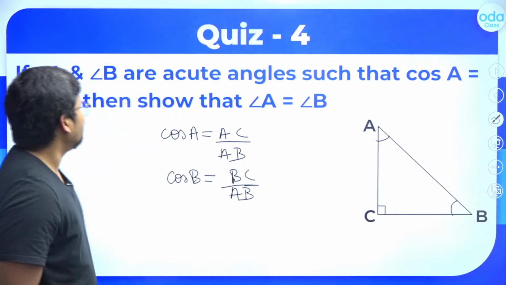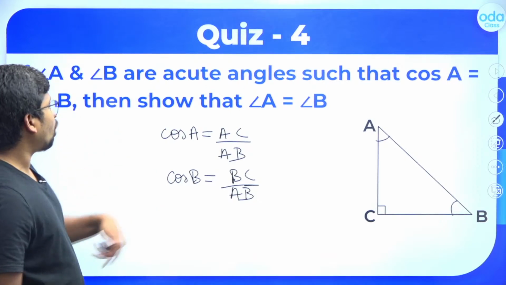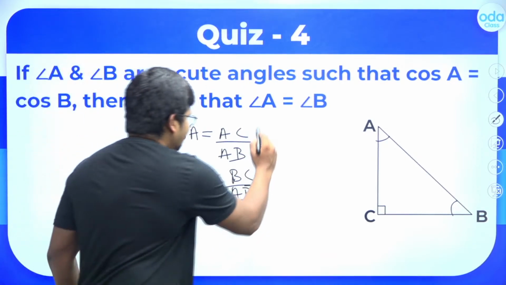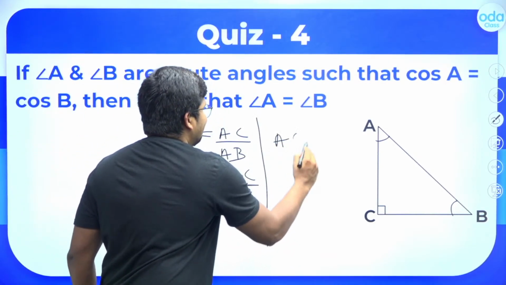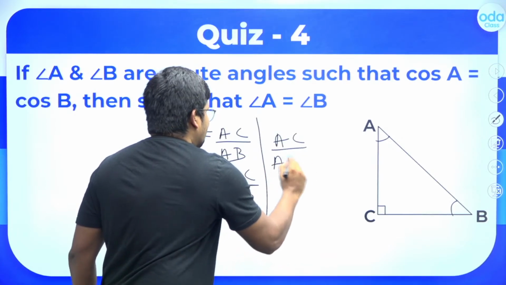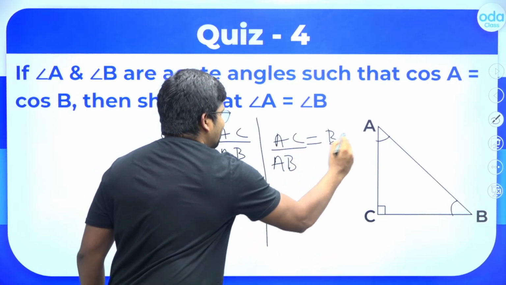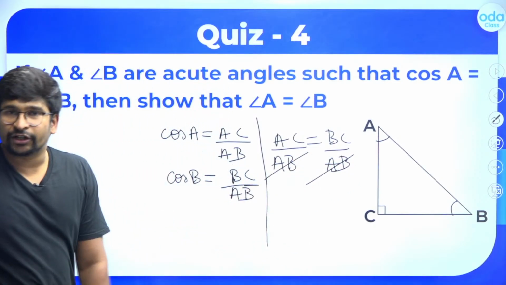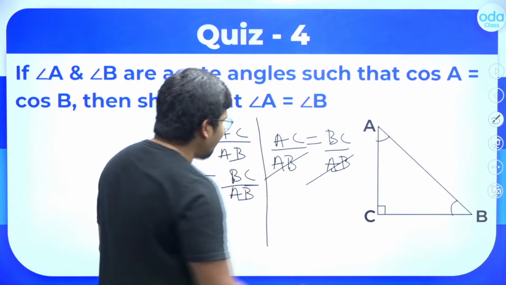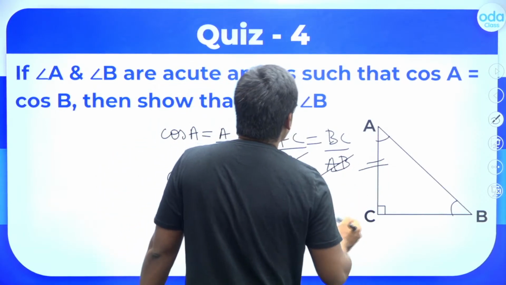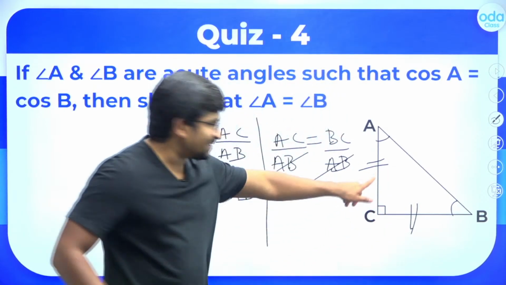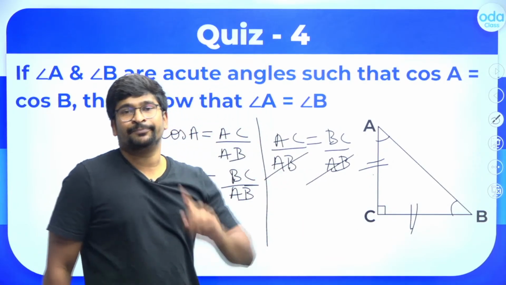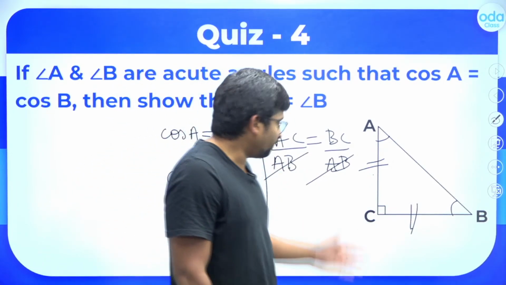Is this clear to all? Now, it is given that cos A is equal to cos B. That means it is given to you that AC by AB is equal to BC by AB. This is what is given. So, AB and AB can be easily cut off. What is left? You are given that AC length is same as BC. This length is same as this length. Correct? This is what is given to you.